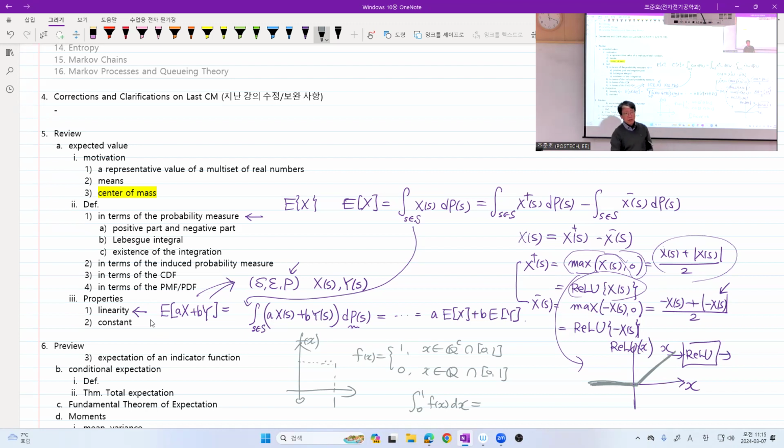The fundamental theorem of calculus is very important, and that requires the knowledge of the definition of the Riemann integral. But anyway, at that time, we just relied on our intuition to define the definite integral.